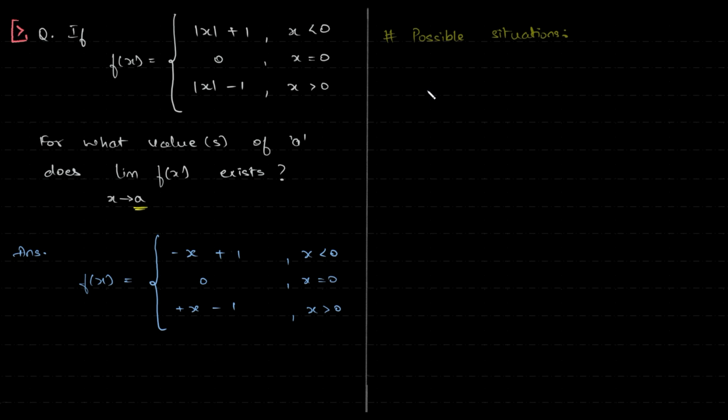Now the first possibility is x less than 0. We have a definite expression for x less than 0, which is minus x plus 1. So it's a polynomial expression, so it's continuous everywhere. At 0 is where there are three variations.